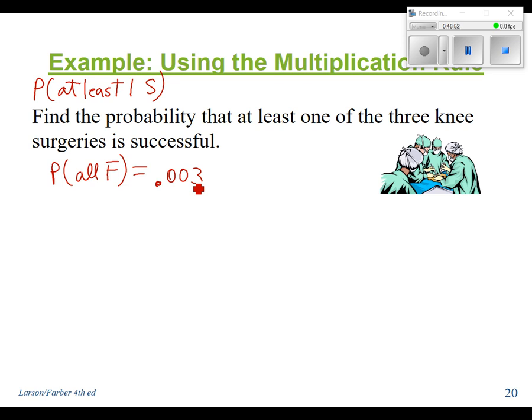Then what could we have? Fail, success, success. Then fail, success, fail. Then fail, fail, success. Then fail, fail, fail. So, is that all of them?